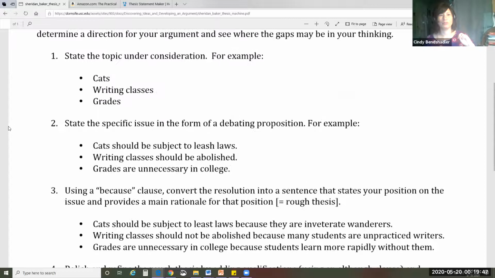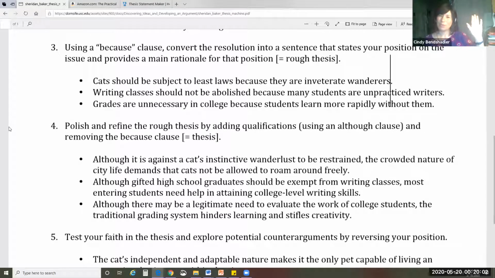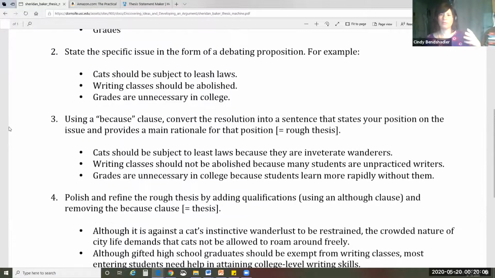That's number 2, right? What is my main reason, or what are my main reasons? What are the exceptions to the rule, right? What are the exceptions to my point of view? And then finally, what would the opposing viewpoint look like? And that can help you really hone your argument as well.